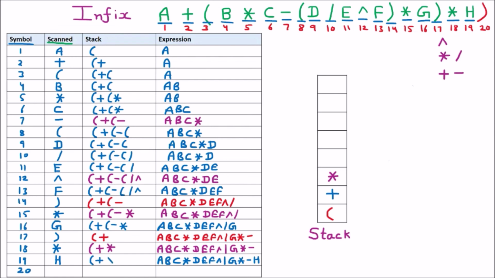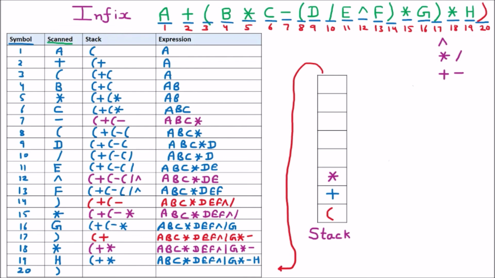bracket, plus and star. Now we are going to the last symbol, which is the 20th, and that is the closing bracket. Whenever the closing bracket is encountered, we have to pop all the elements from the stack and put them after the expression until we find the starting bracket. So we pop out all the elements and put them after the expression.